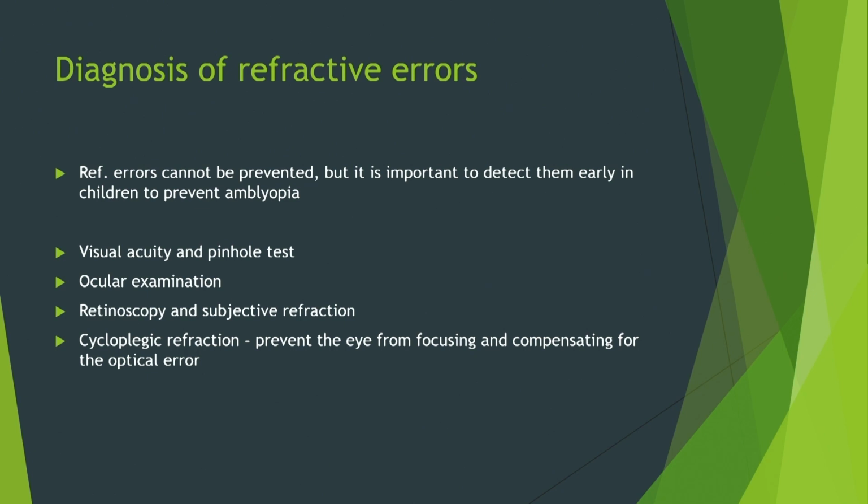So refraction in children, in older children you can do dry refraction and subjective, but in quite young ones you may do cycloplegic refraction, because otherwise they will accommodate and you might not identify the proper refractive errors.